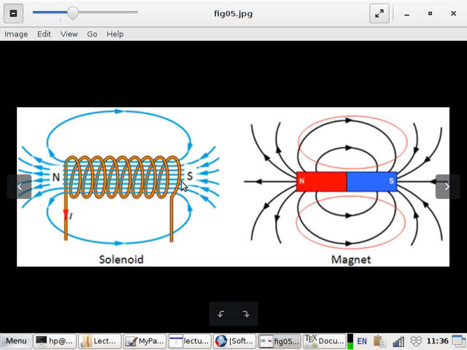So, could you try your best to draw this? Again, this is something they could ask you to draw in the exam. Draw a solenoid. Oh my god. Yeah, I know. Let's draw.